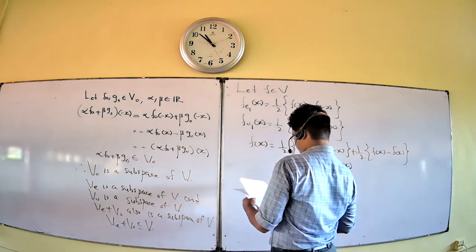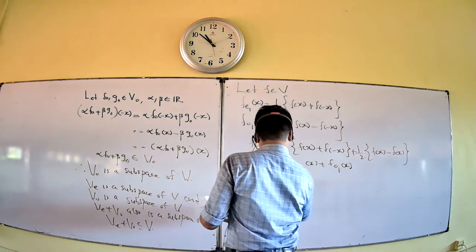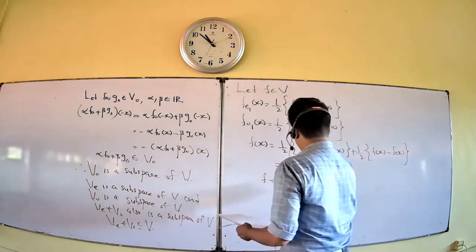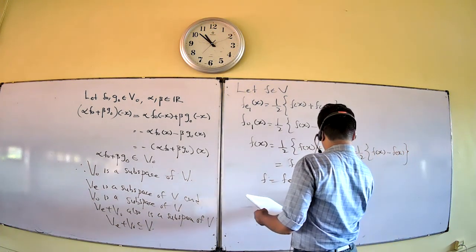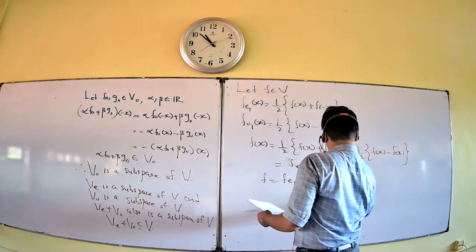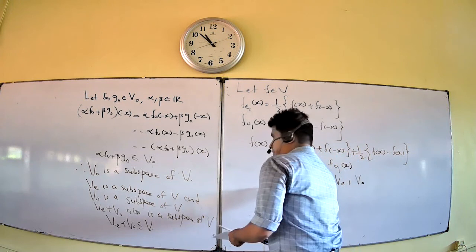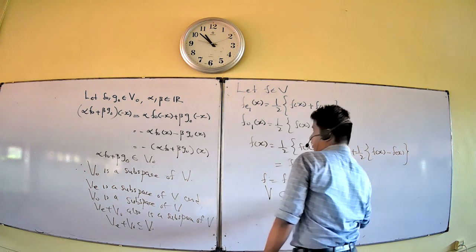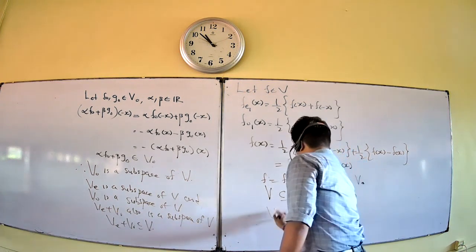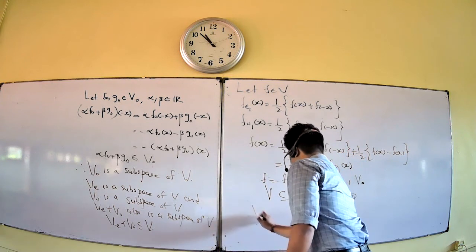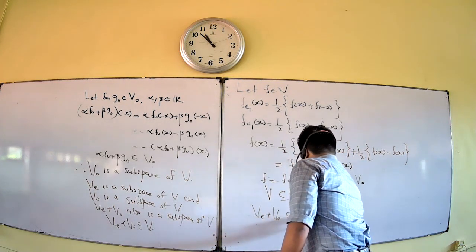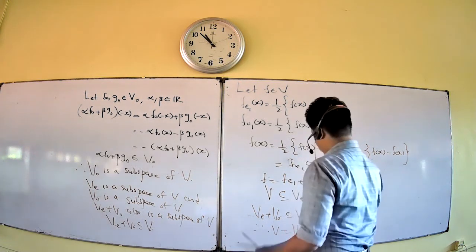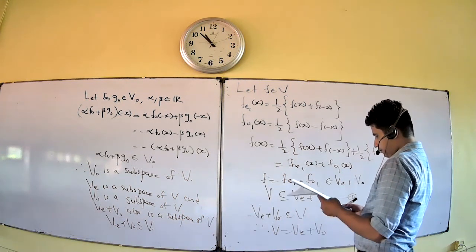Okay, that is f equals f_E1 + f_O1, right? But f belongs to V, and this one belongs to V_E + V_0. Therefore V is a subset of V_E + V_0. This is the second condition. Obviously the first condition is V_E + V_0 is a subset of V, therefore V equals V_E + V_0. Okay, V equals V_0 + V_E.